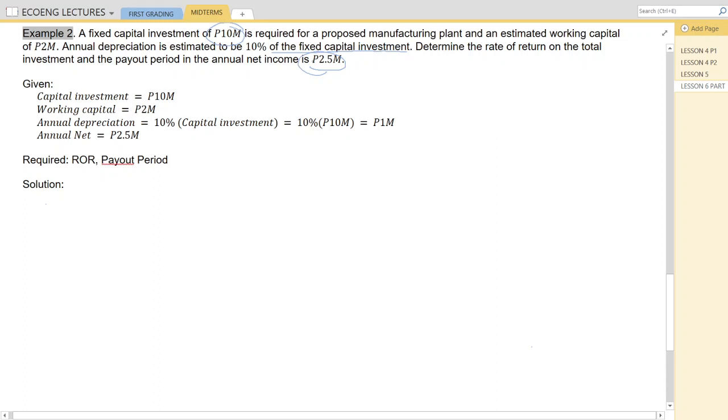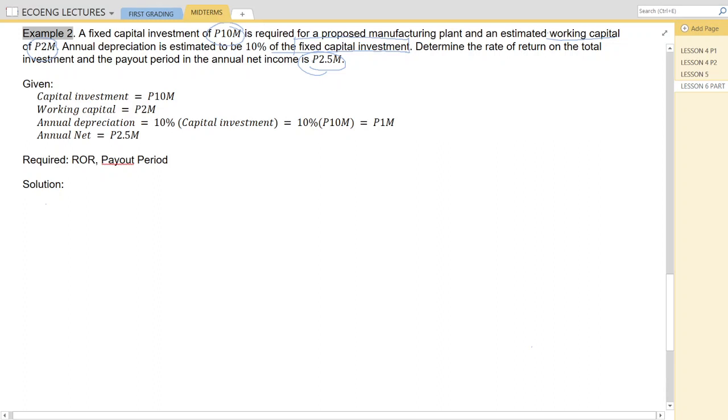So for the capital investment, we need the total capital investment, which is the fixed capital investment, 10 million, and the working capital, 2 million, so we add those. But for the annual depreciation, it is mentioned that it is 10% of the fixed capital only, so we multiply by the 10 million.